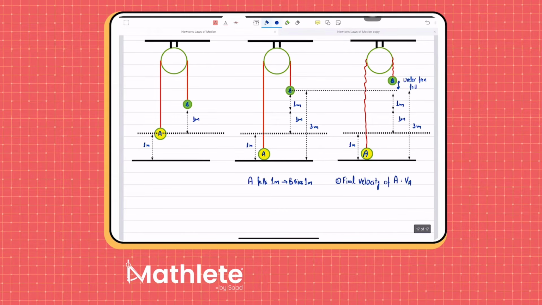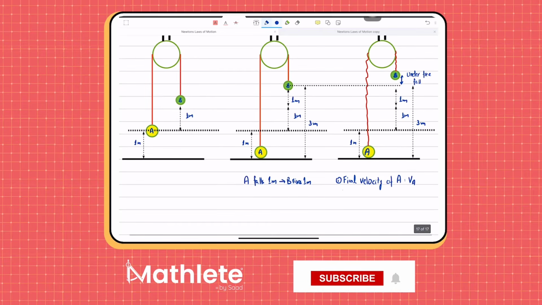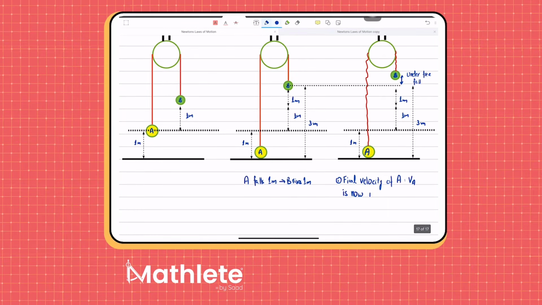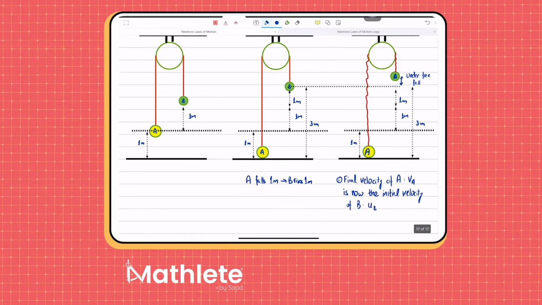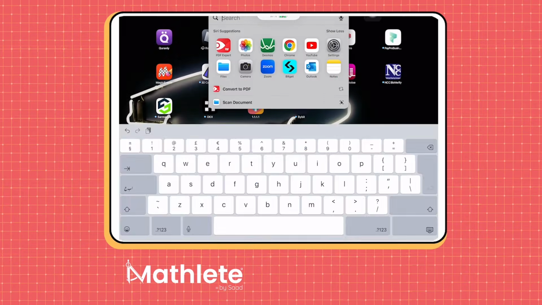The final velocity of A, which is VA, is now the initial velocity of B, which means it is now UB. Why? I'll explain. Once again, have a look here.